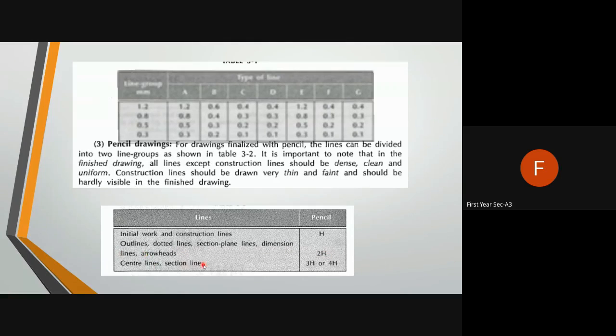Then center lines and section lines have to be drawn by 3H or 4H. These are the lighter ones, so that if you draw now and want to erase the thing, it cannot be visible to the person. That's why in the initial stage it is to be drawn by these kinds of pencils.